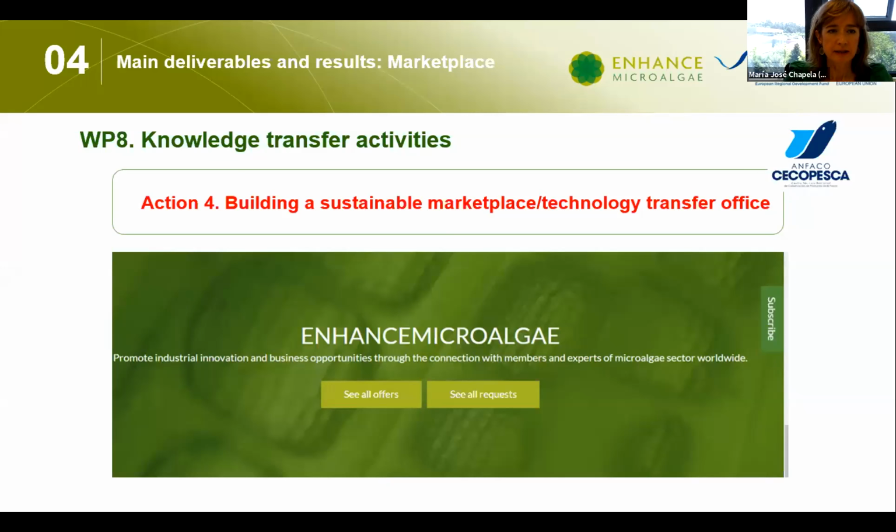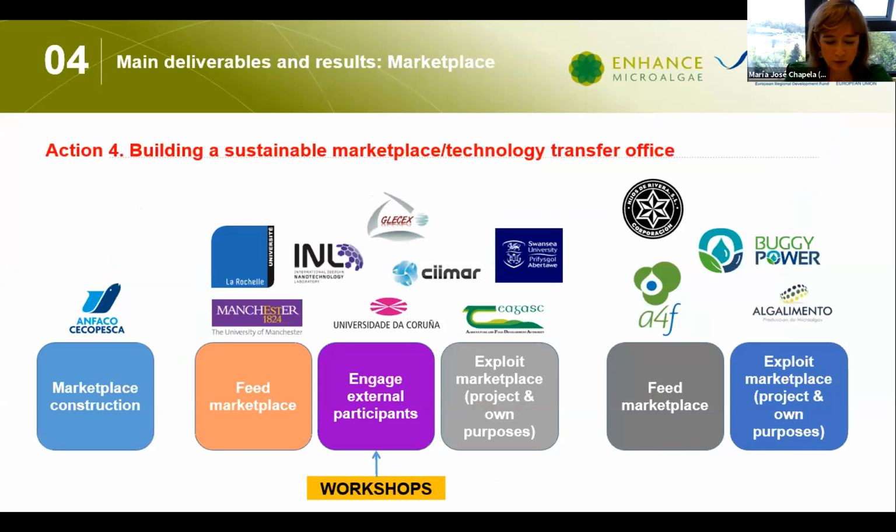So in work package 8, we have 4 actions. One of them is building a sustainable marketplace or a technology transfer office. All partners are involved in the marketplace development.